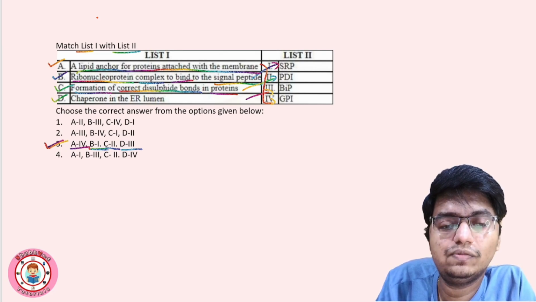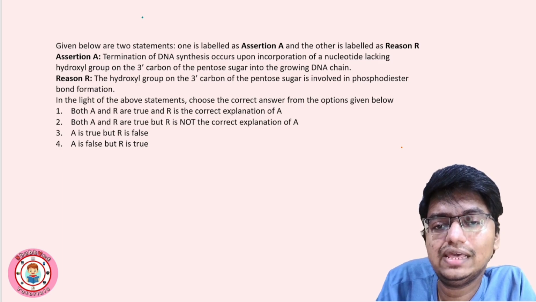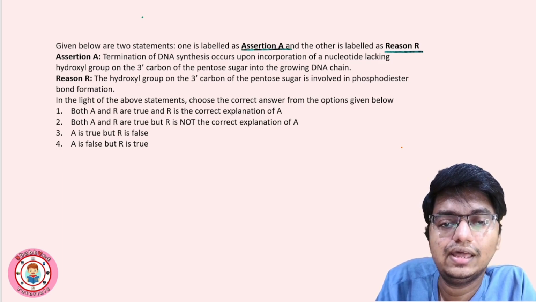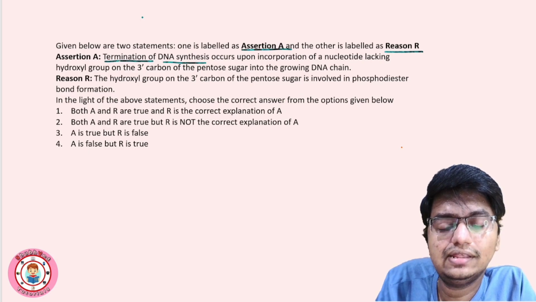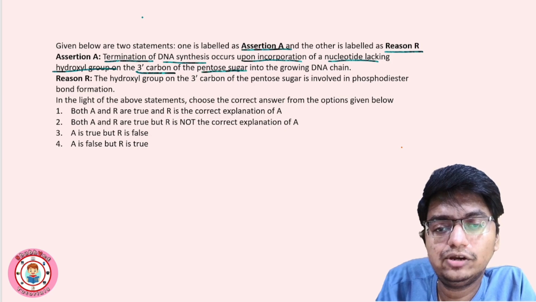In the manner following. Given below are two statements. One is labeled as assertion A, other is labeled as reason R. Assertion: termination of DNA synthesis occurs upon incorporation of nucleotide lacking hydroxyl group on the 3' carbon of the pentose sugar into the growing DNA chain.